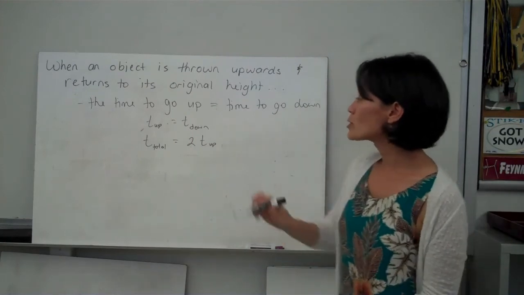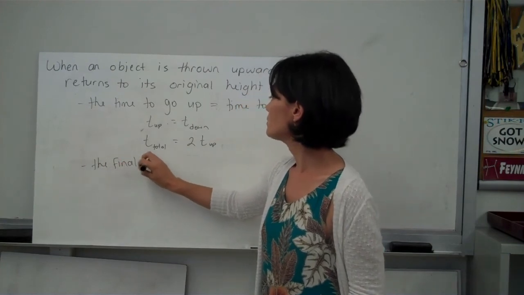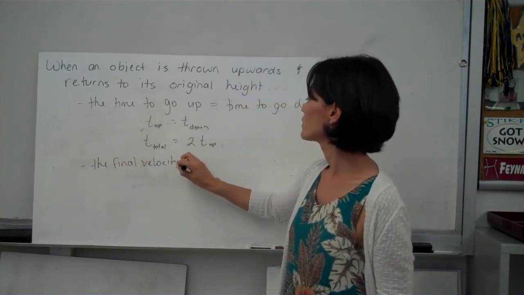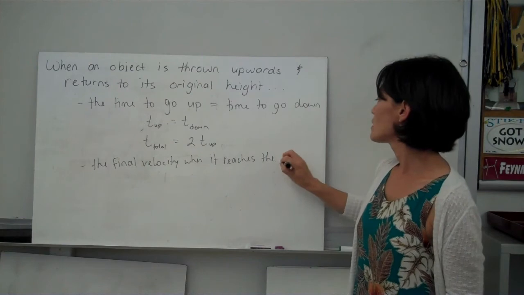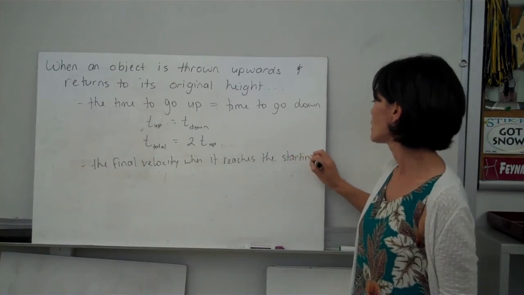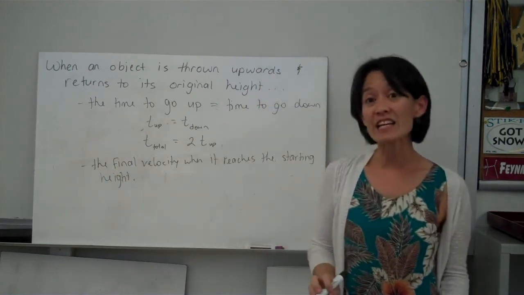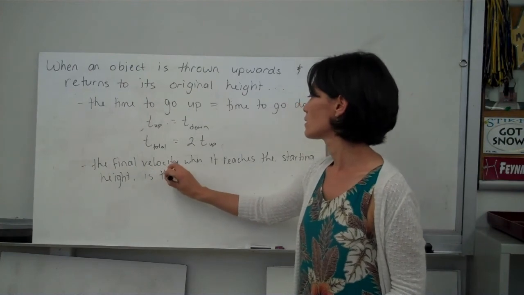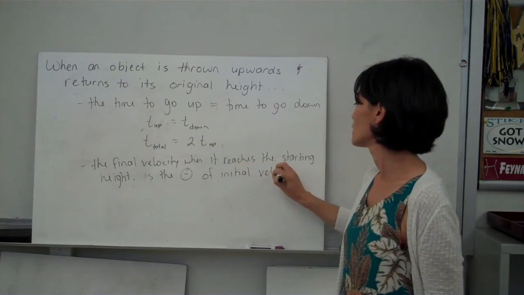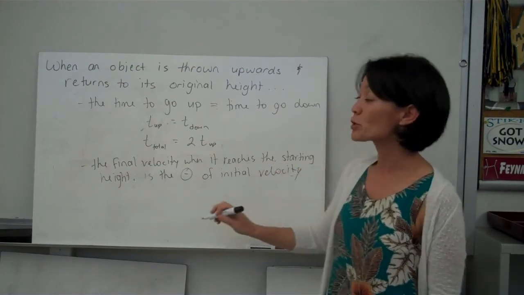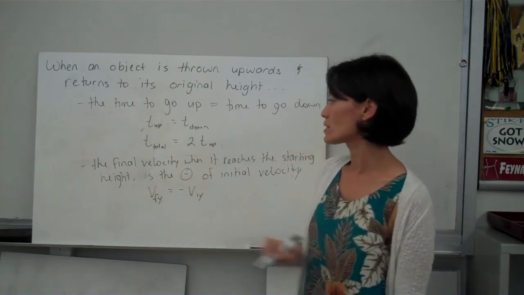Okay. Something that we saw was that the final velocity when it reaches the starting height is just the negative of the initial velocity. And we could write this in terms of an equation that says that the final y velocity is just the negative of the initial y velocity.